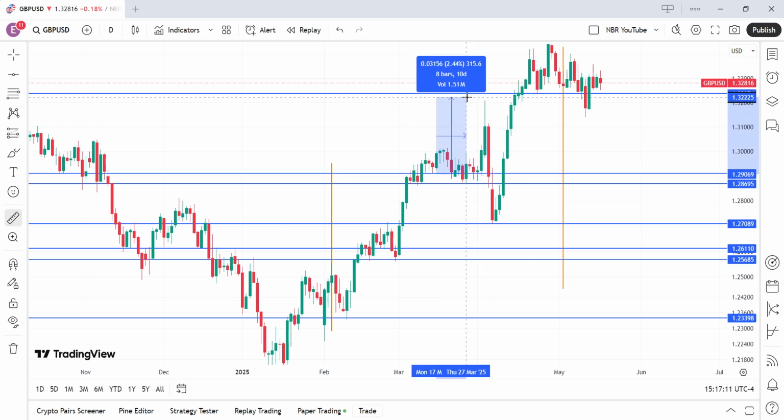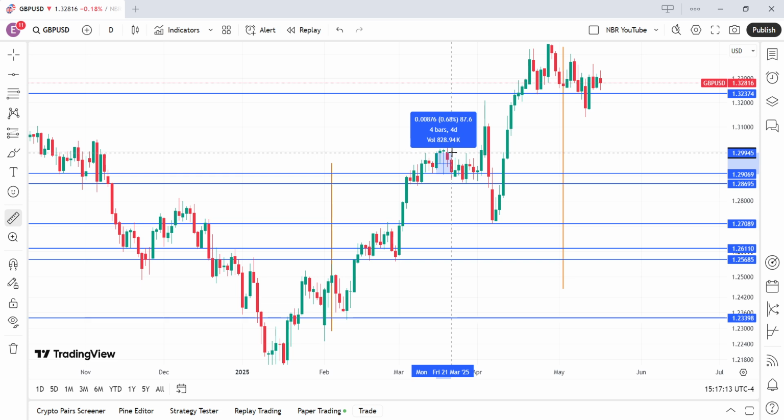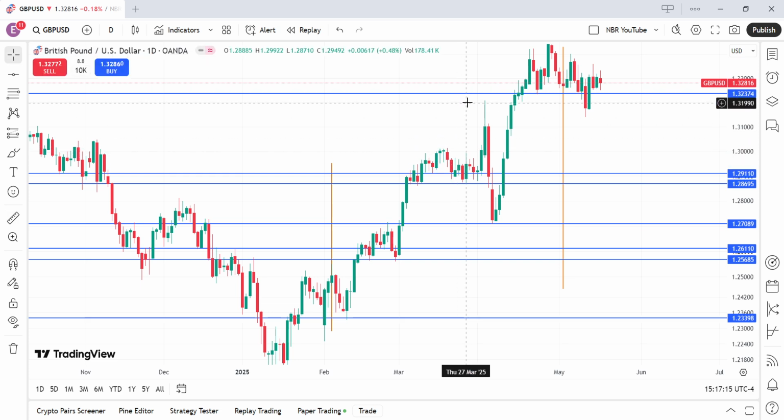So it did not pass the halfway of the distance between the two last psychological levels in this case. So I'm not able to draw the fib or use that psychological level for it.